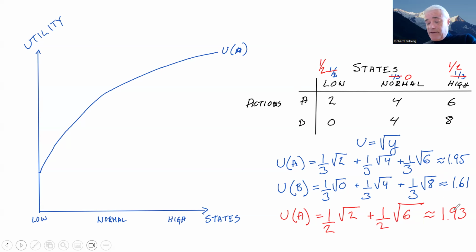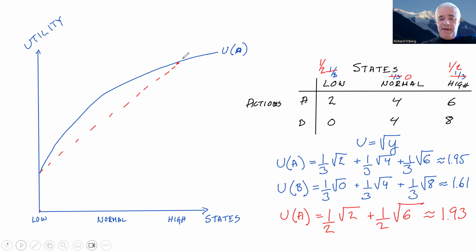We can also illustrate this in the graph here. So we're thinking we'll be either in the high or in the low state. So the expected utility will be, you can think of that as somewhere on a straight line connecting these two points.